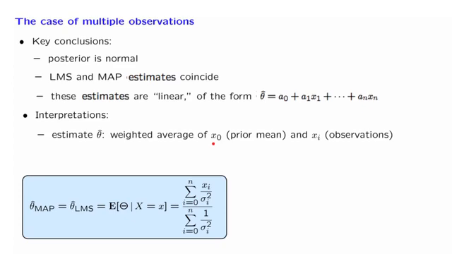One term is x0, which is the prior mean, whereas the remaining xi's are the values of the observations. So there's something interesting happening here. We combine the values of the observations with the value of the prior mean, and in some sense the prior mean is treated as just one more piece of information available to us. And it is treated in a sort of equal way as the other observations.